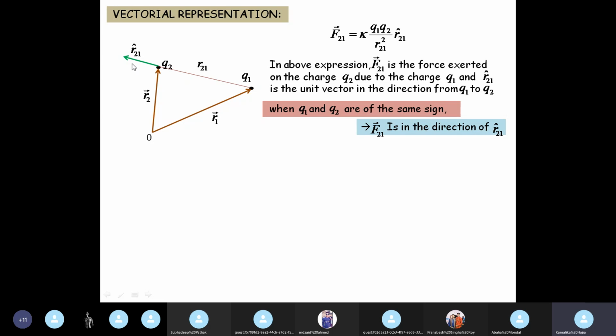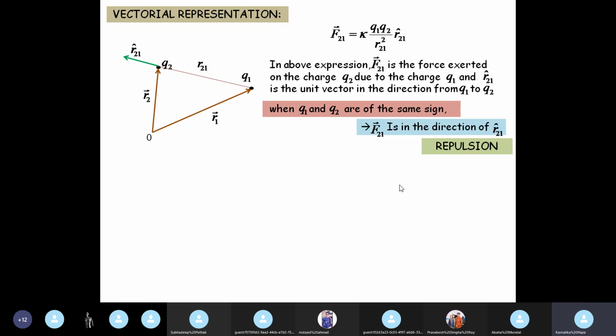Repulsion. We know that like charges repel, but you can see directly from this vector representation why they repel. Because the force is acting in this direction. This is the direction of r21. The force is acting in this direction. So obviously the charges repel. They try to move away from each other.